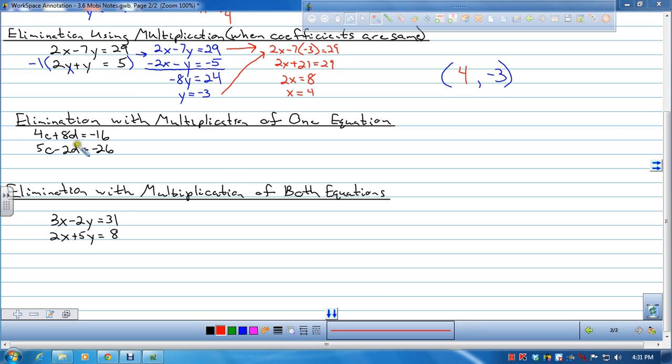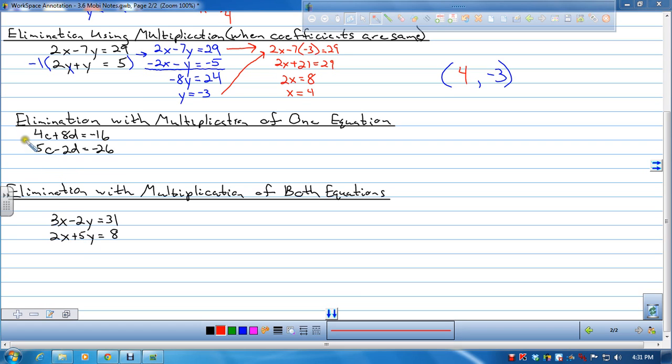So you'll notice here neither one are opposites. However, this 8d is positive and this negative 2d is negative, so all I need to do is turn this negative 2 into a negative 8. Okay, so that would be what I wanted to go ahead and do here. I want to get one of these to be opposites. The 4 and the 5, I'd have to do both of them, and we'll show you that down here.